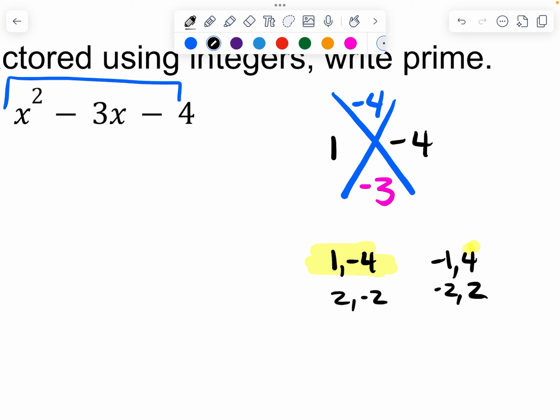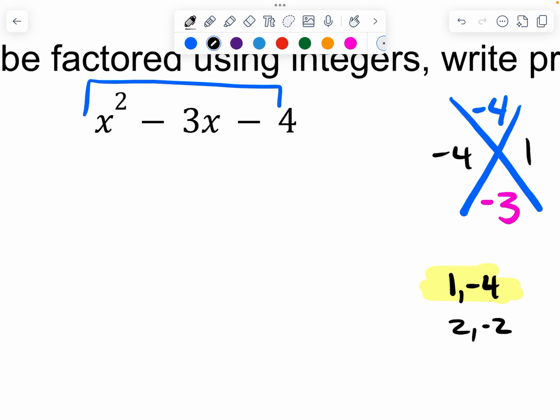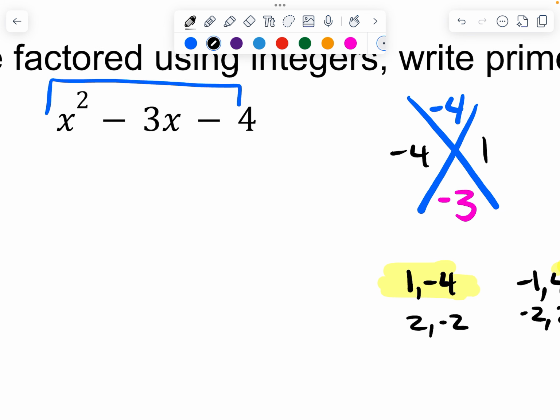Now, could I write it negative 4 and 1? Sure. Do it that way. Does it matter? No. So x squared minus 4x plus x minus 4.